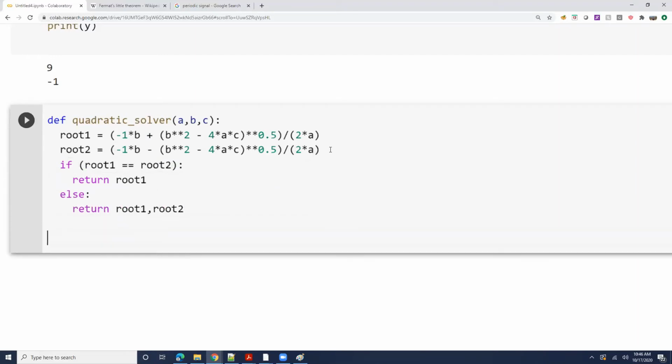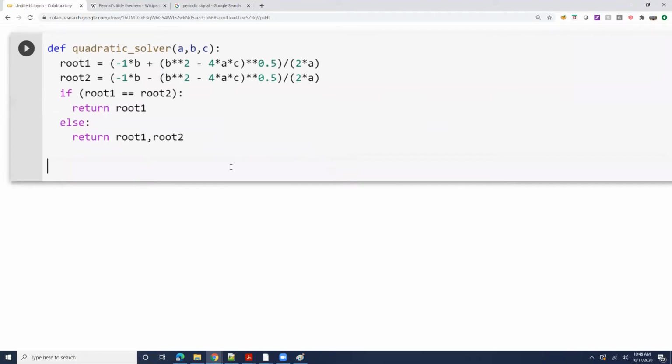Is this a valid thing? Does this function look correct? What about the square root? I just used power of 0.5 for this one. This is the same as the square root of b square minus 4ac. Okay, we can test this function.